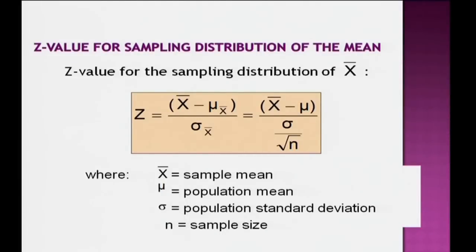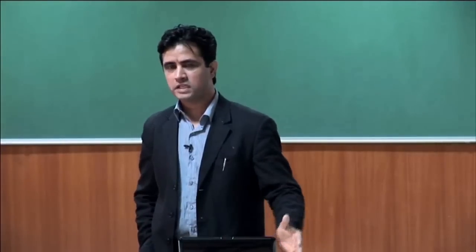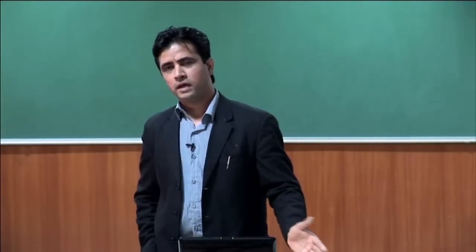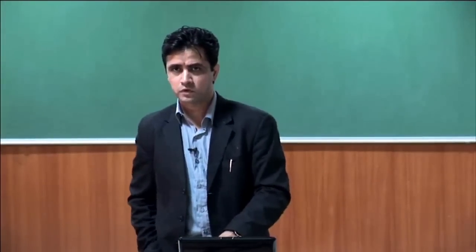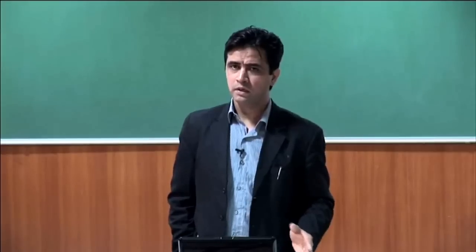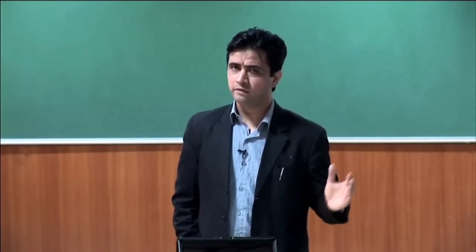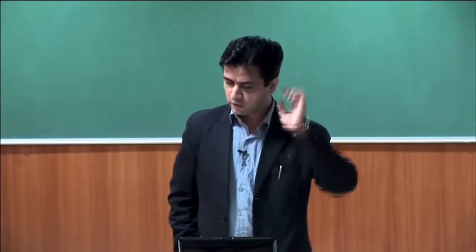Then, like we had the standard normal variate in normal distribution, that variate you remember was x minus mu by sigma, because x was the random variable and we were converting that to z. Here now that random variable x is replaced by x bar.